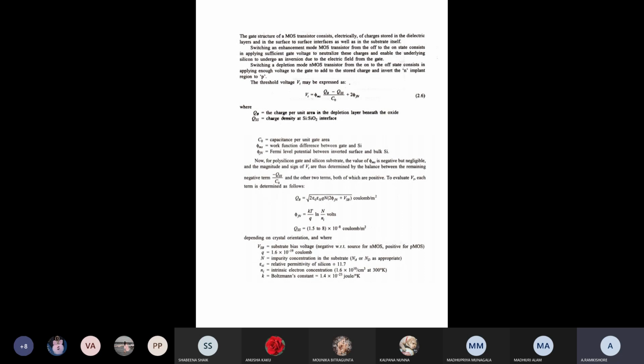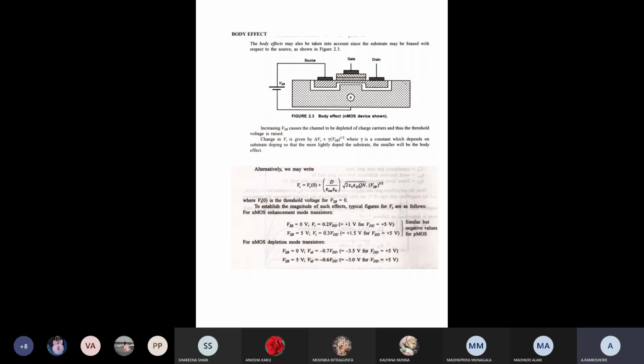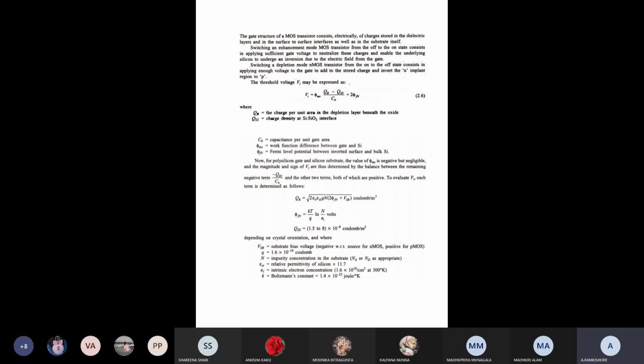So this is about some of the equations and the voltages involved when the MOS transistor is operated under saturation and non-saturation regions.